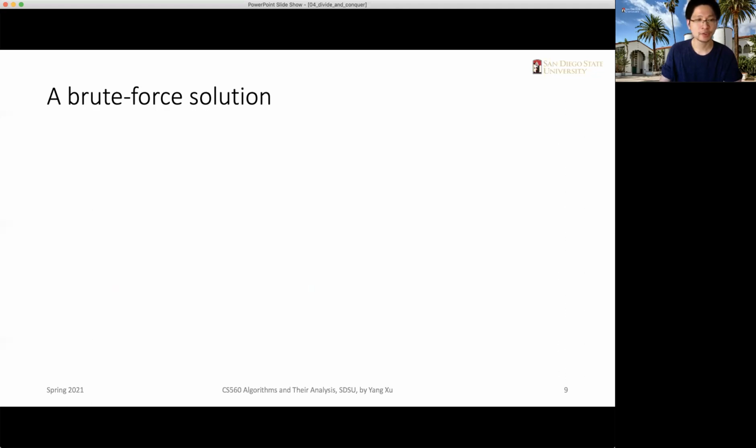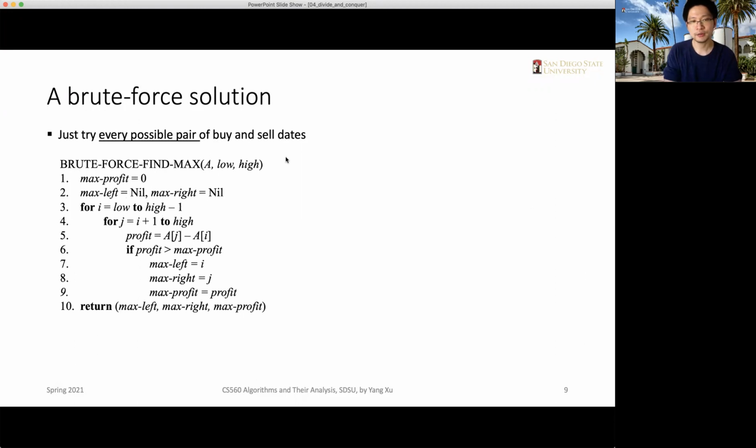That is similar to the brute force solution that I will show in this example. So why not just try every possible pair of buy and sell dates, right? Just choose among all possible combinations, okay? So we can easily write this as an algorithm.